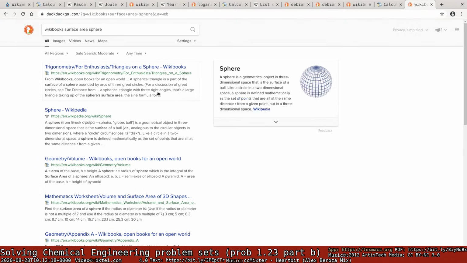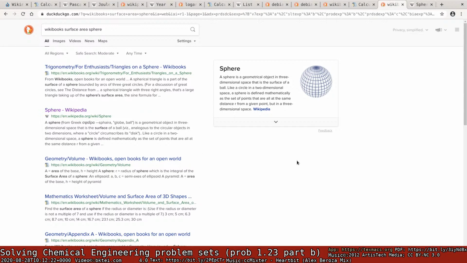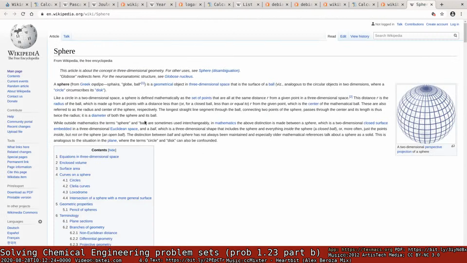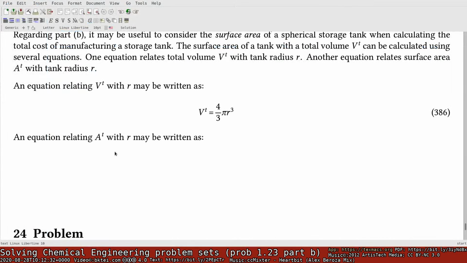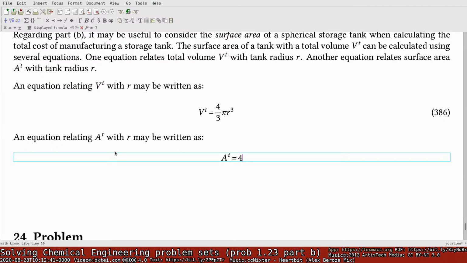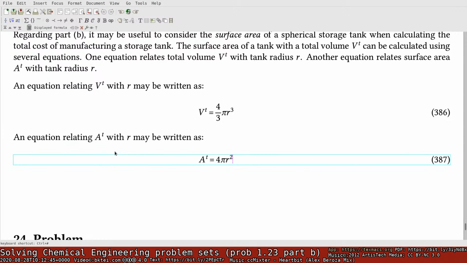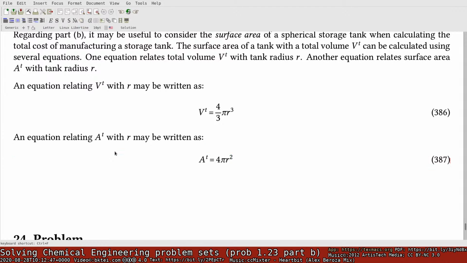Was it 4 pi r squared? Yeah, 4 pi r squared. A of t is equal to 4 pi r squared. I'm sure there's a YouTube video about that.